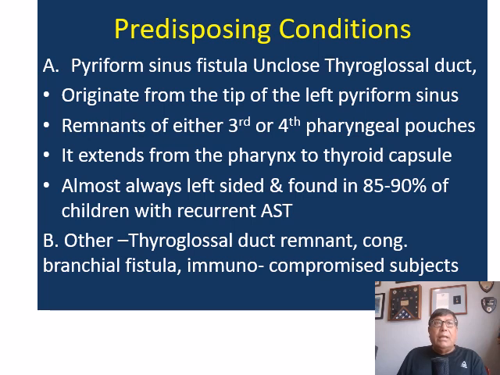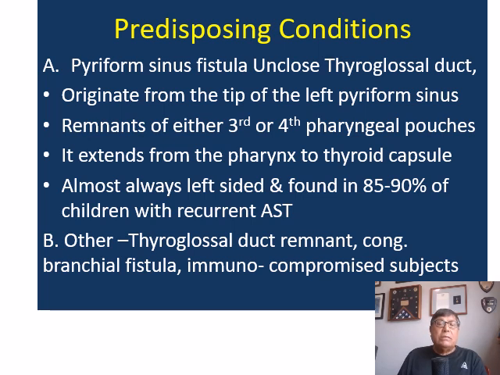It is the remnant of the third and fourth pharyngeal pouches and extends from the pharynx to the thyroid capsule, and it acts as a channel through which bacteria from the oropharynx can directly descend to the thyroid lobe.